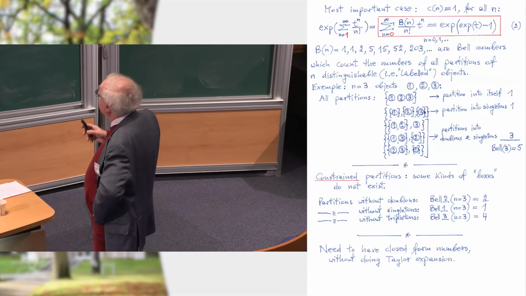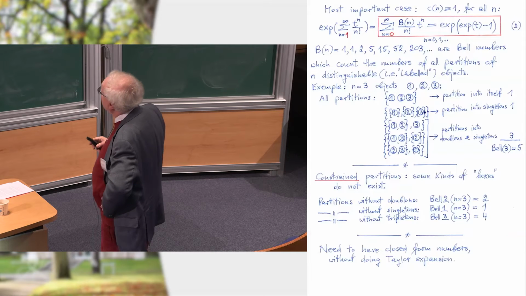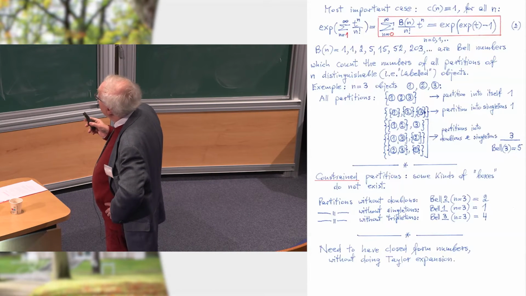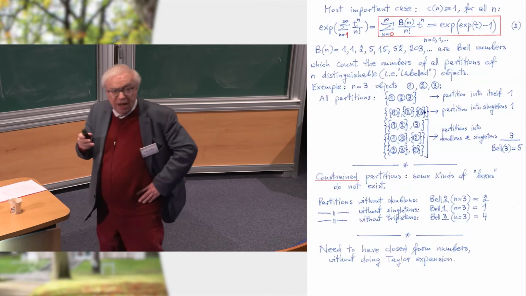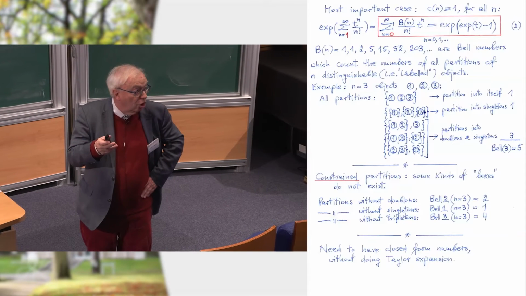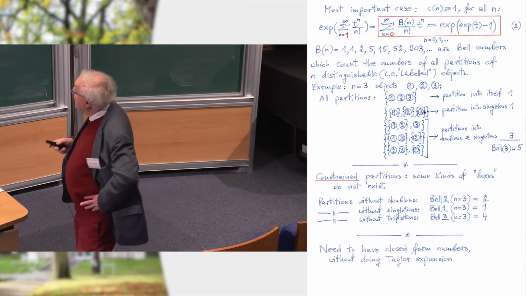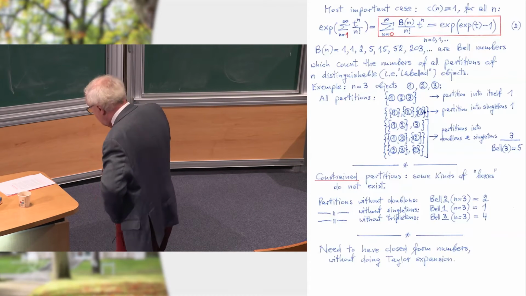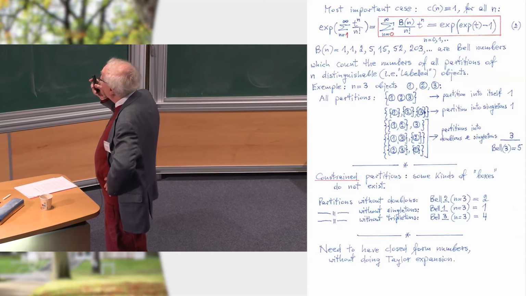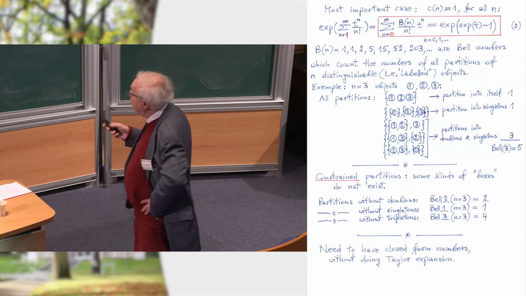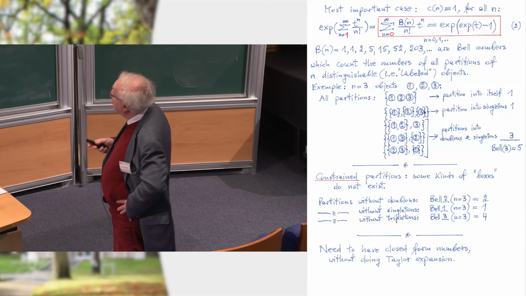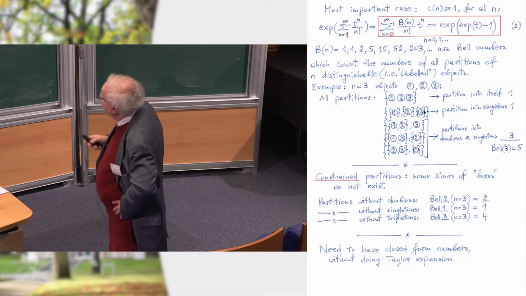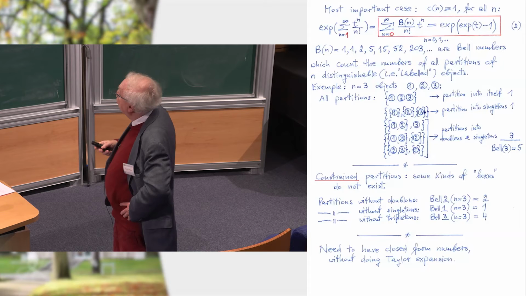They count the number of all partitions of n distinguishable objects, for instance, when they are labeled by colors or by some indices, into some boxes which are indistinguishable. So boxes are indistinguishable, but particles or objects are distinguishable. So, of course, a trivial example is n equals 3.